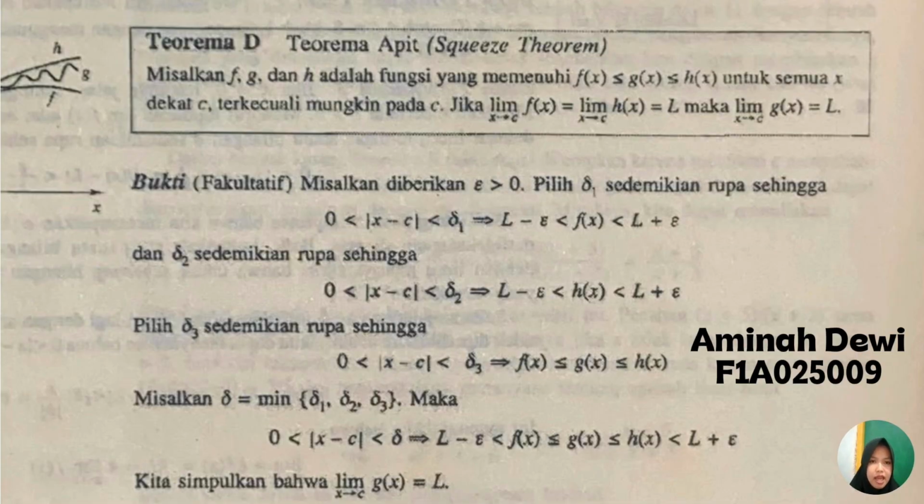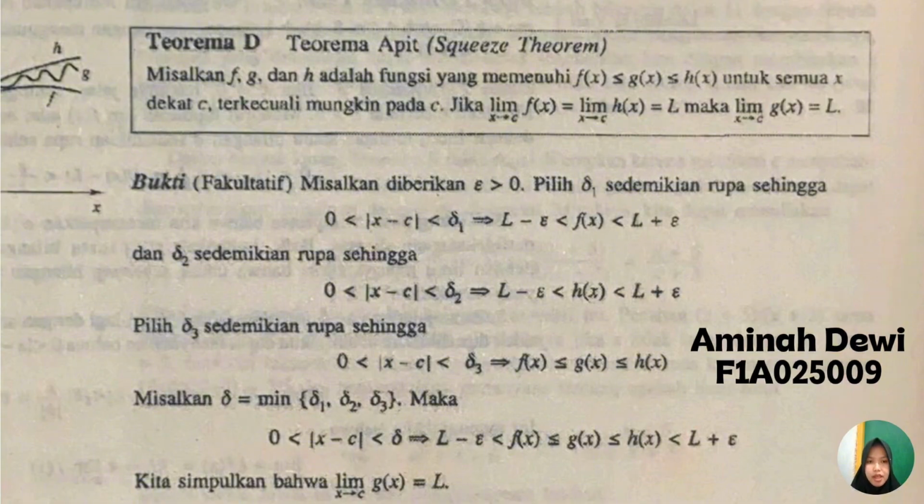If the limit as x approaches c of f of x equals the limit as x approaches c of h of x, which equals L, then the limit as x approaches c of g of x equals L.